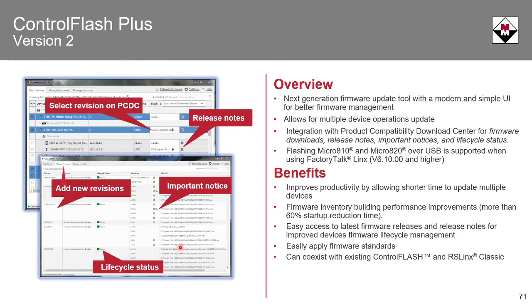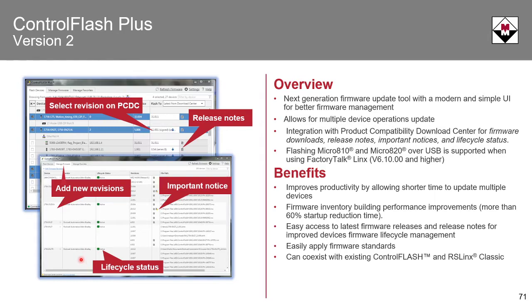This will coexist, so you can install both of them on your laptop. ControlFlash Plus uses FactoryTalk Linx as its communication software. And so as you browse the network, it'll show all of the devices and what your current firmware version is.